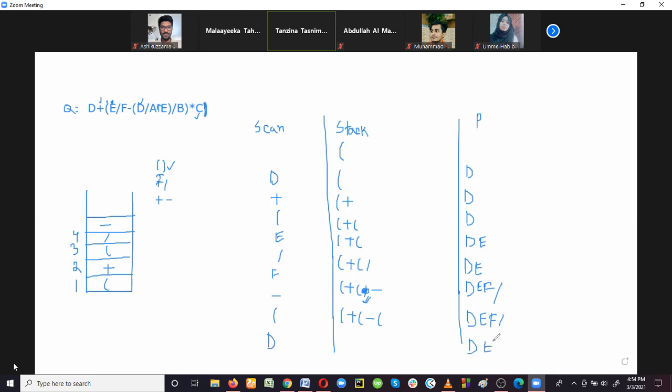So we can write DEF, then division, again D. And the stack has the same data: parenthesis plus parenthesis minus another parenthesis.